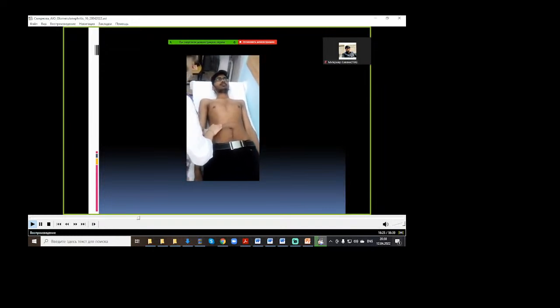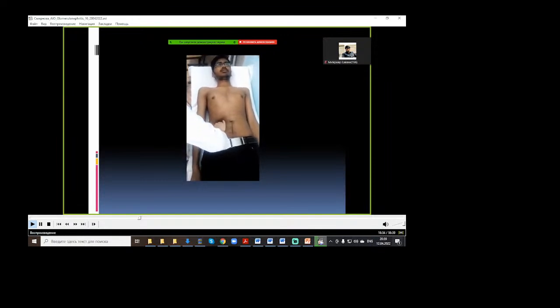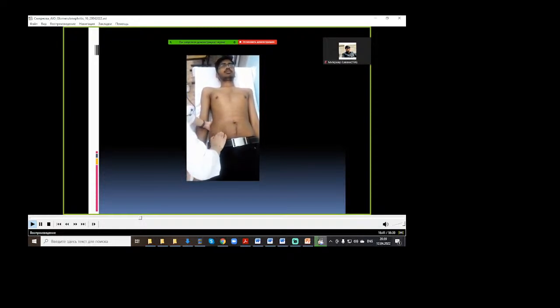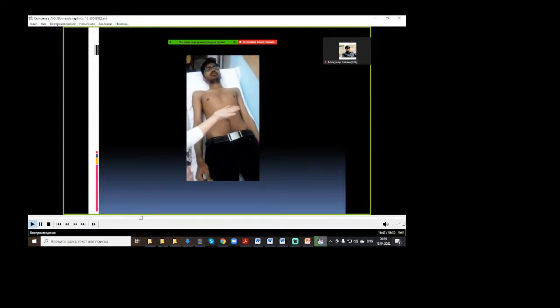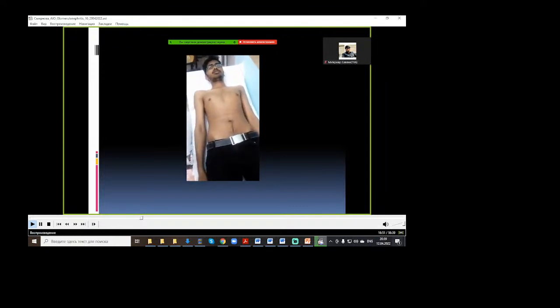So we put our hand in the lumbar region, find the costal arch, and ask to inspire: inspiration, expiration, inspiration, expiration, a small inspiration, ballottement, and traction. The right kidney is not palpable. The left kidney the same.